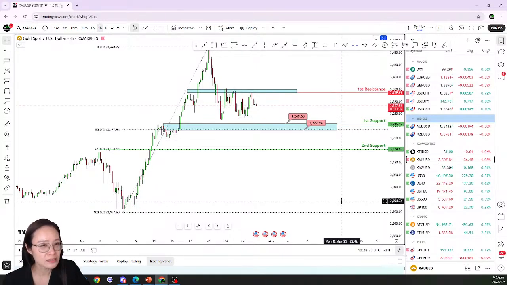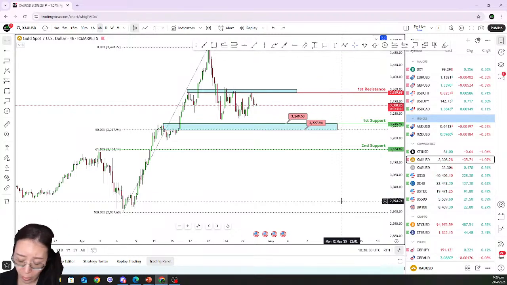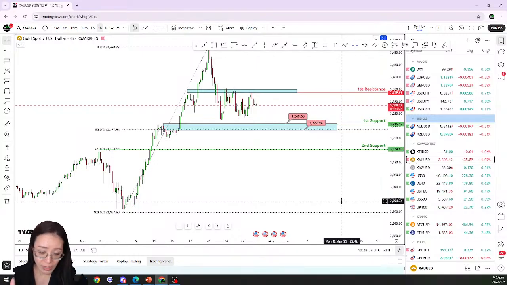But sometimes risk and reward is also not suitable for a scalper. For a scalping strategy, we measure on win rate. The win rate should be more than 85 to 90%, and then that strategy is suitable for scalping.